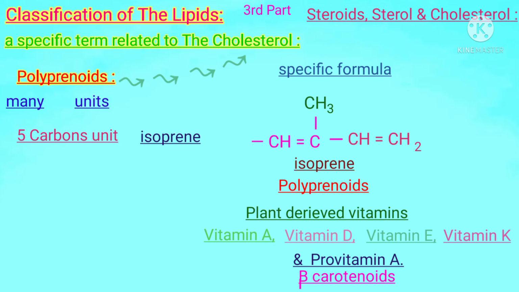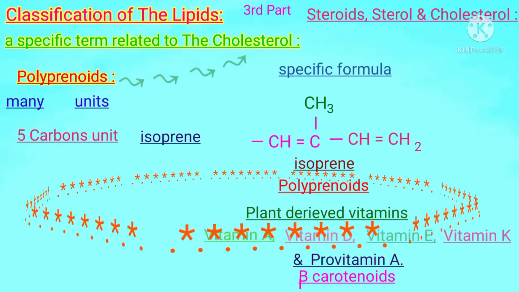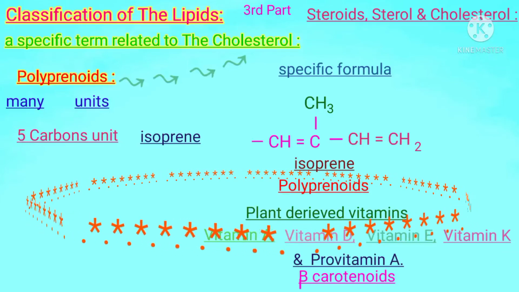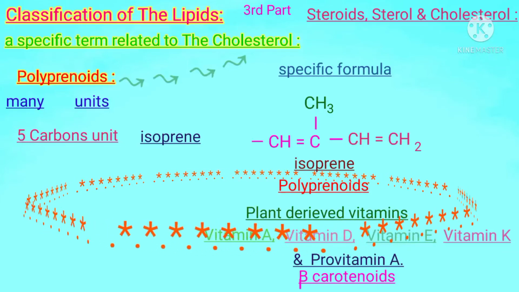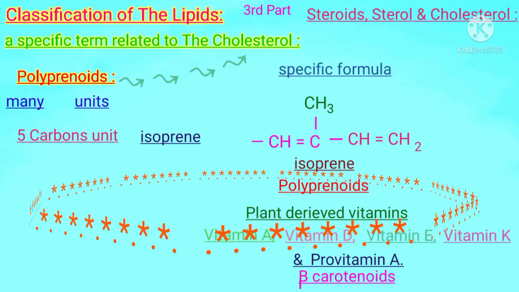That's why we also include vitamins A, D, E, and K in the topic of lipids. So students, this is our topic, the classification of lipids, third part, during which we have studied steroids, sterol and cholesterol along with polyprenoids.